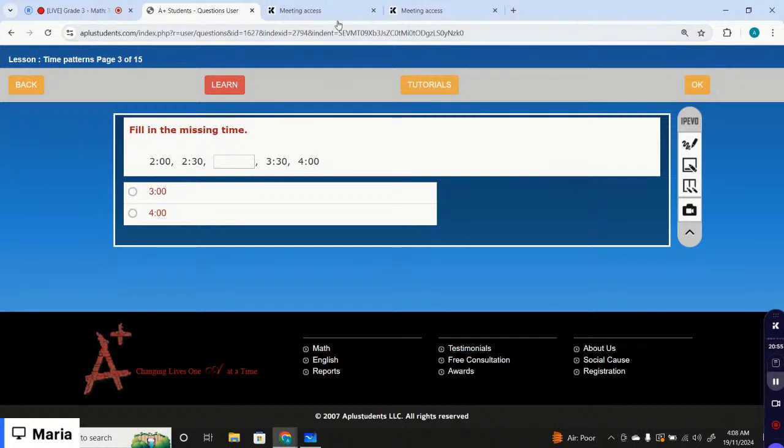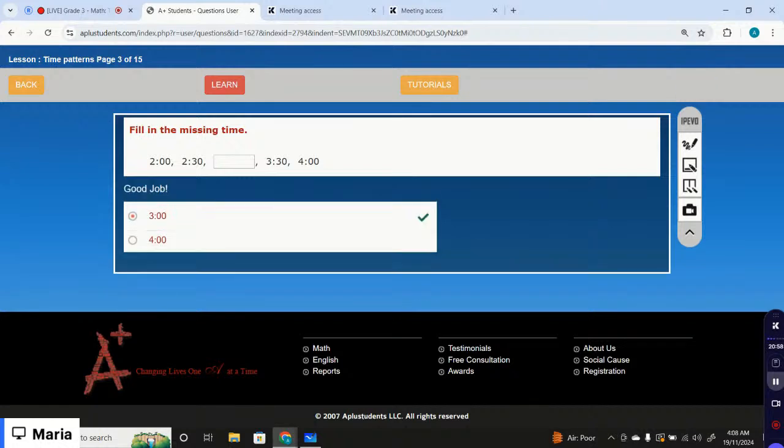That is 3. Option number 1 is the correct option. Very good.